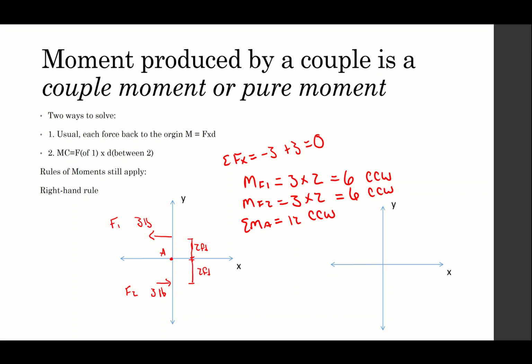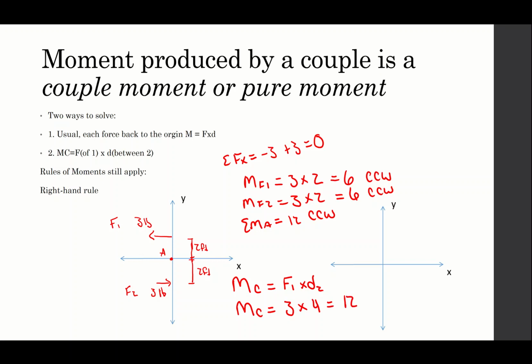Okay, so instead, what we can say is we look at this problem and we say, oh, it's the same force, 3 pounds, 3 pounds, headed in equal and opposite directions, and I know that there's a distance between them, so I'm going to use the couple equation, which is the force of one times the distance between the two. I'm going to say my couple moment is equal to 3 pounds, and then what's that distance between the two of them? 4, and so there I have 12 also.